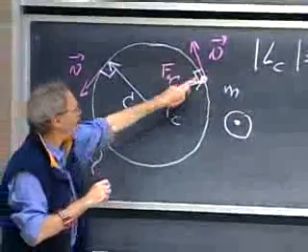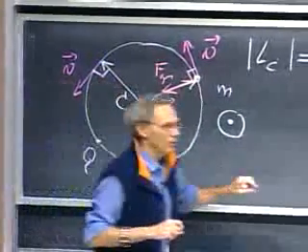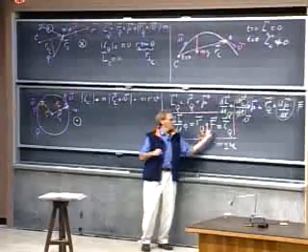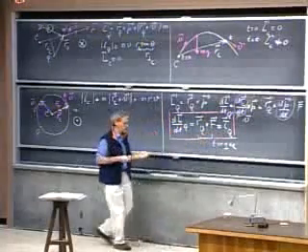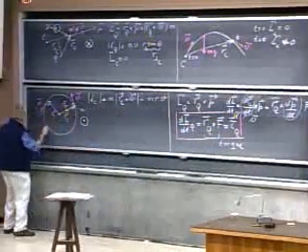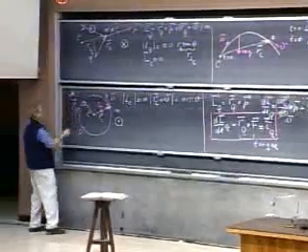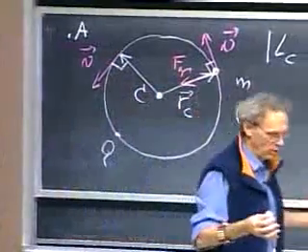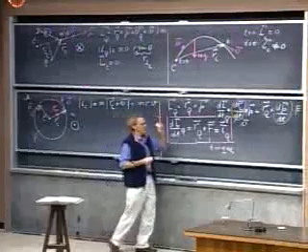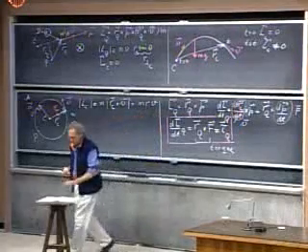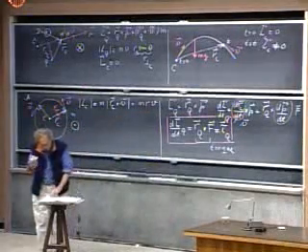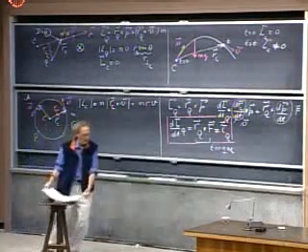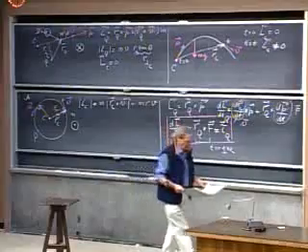Therefore, no matter where you are on the circle, always r cross F will be 0. There is no torque relative to point C. But if you take point Q, or you take here some point A, clearly there is going to be a torque. A changing torque even. And so there you will have a change of angular momentum. So there's something very special about that point C. And I will come back to that, of course.